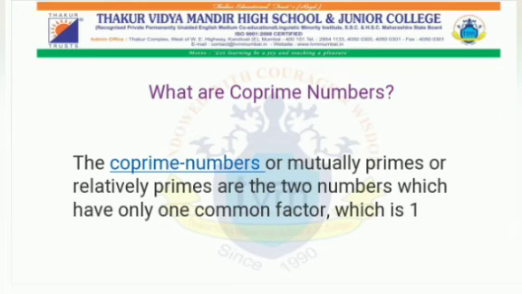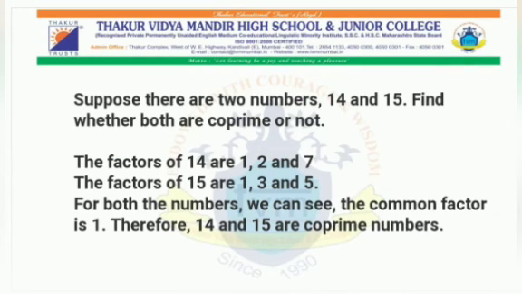Let us understand with the help of an example, students. Suppose these are two numbers, 14 and 15. Now, in these numbers, we need to find whether both are co-prime or not. So, students, before finding whether they are co-prime or not, first we'll find out the factors of 14.